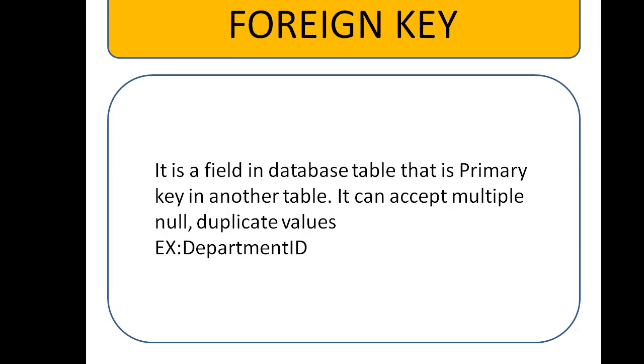And next one is foreign key. It's a field in a database table that's the primary key in another table. It can accept multiple null and duplicate values. So this is a foreign key, a referential integrity relationship between tables. If we mark one column as a primary key, we can use it as a foreign key in another table.